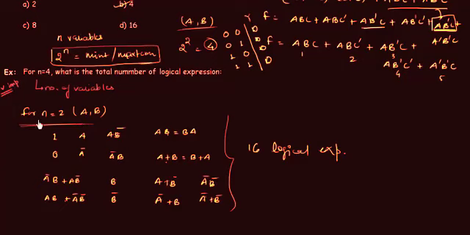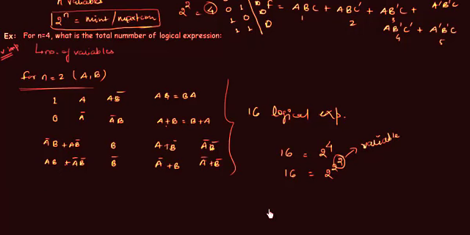Let's generalize it. 16 for two variables, so I can write it as 2 to the power 4. 2 to the power 4 is 16, and this 2 is representing the variables. So if we have n variables, then the total number of logical expressions is 2 to the power 2 to the power n.